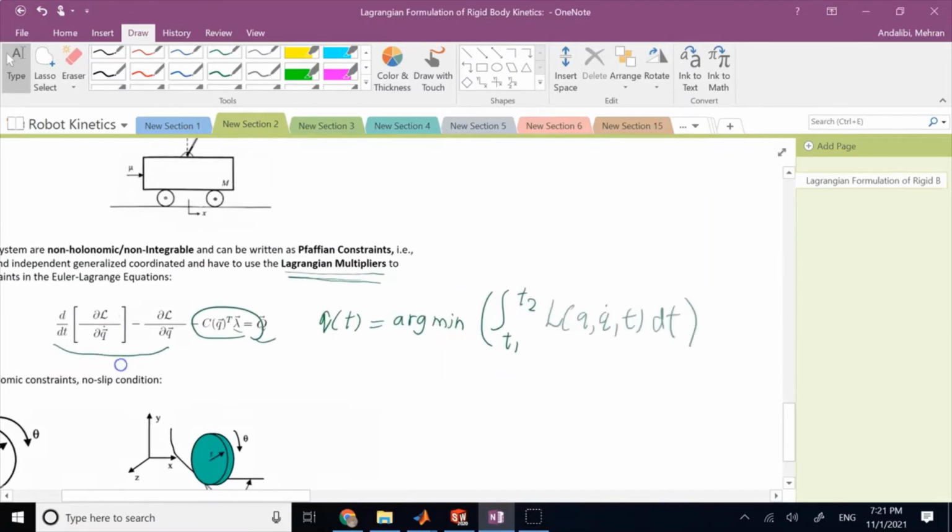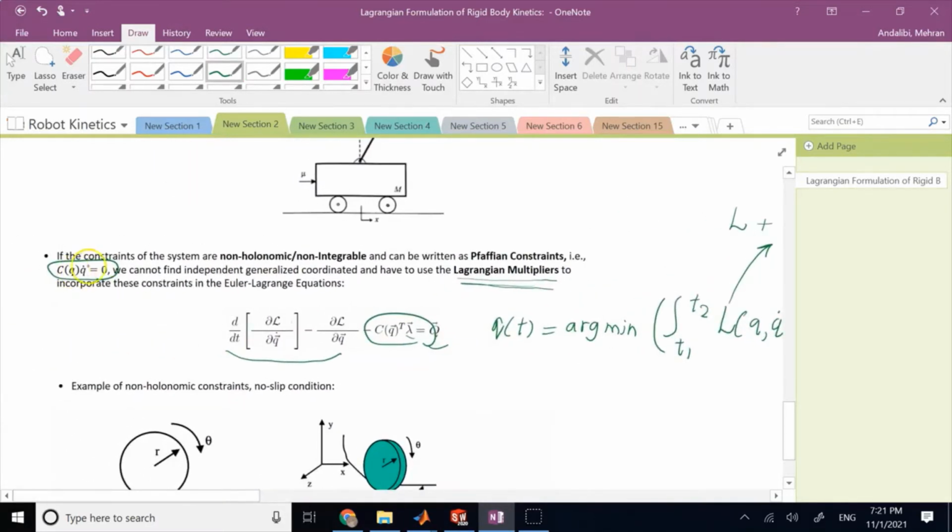In that integral, you modify your Lagrangian to whatever it was, plus the integral of this C(q) q dot, if you integrate it versus time and write it as g of q, q dot and t equals 0.